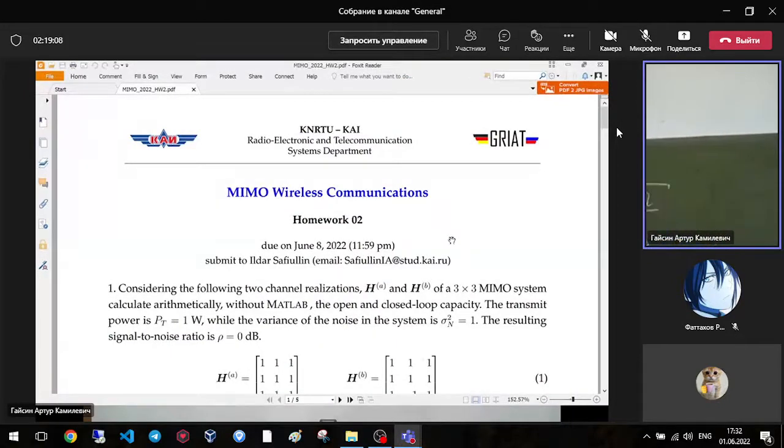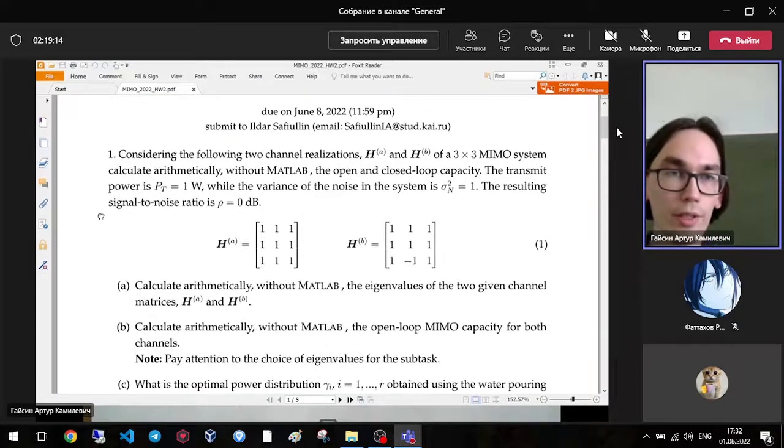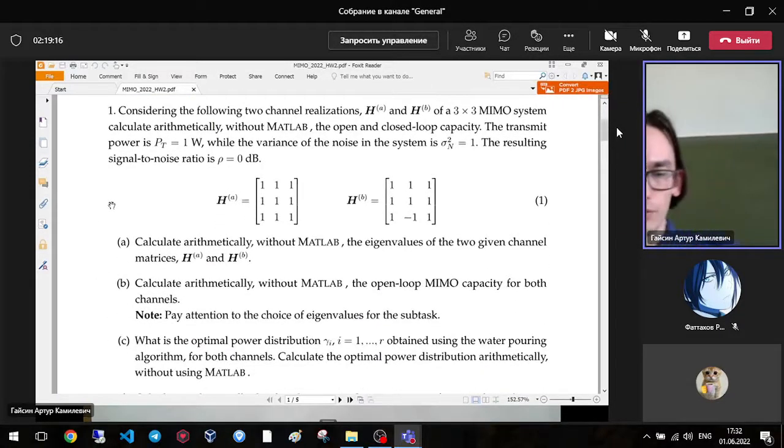I hope you can see this homework clearly. In this homework, we can see the two channel realizations, but I think we already wrote these two channels in task 1.